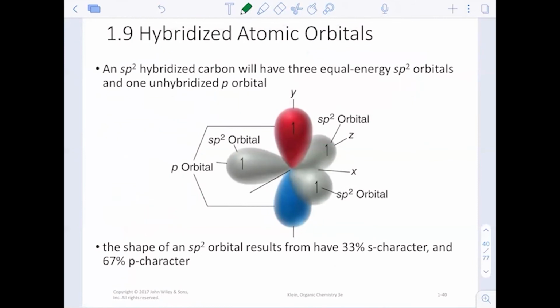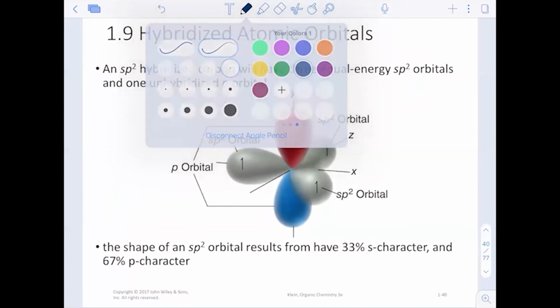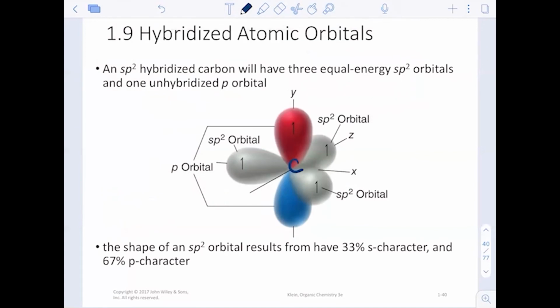With that carbon atom, think about carbon right here in the middle. Let me make him a little bit darker. Carbon atom right here. He's got his 3 sp2 orbitals, the 3 hybrid orbitals. He's got this leftover p with the lobe on the top and the lobe on the bottom. That leftover p, if we remember, this is where we can have a pi bond.